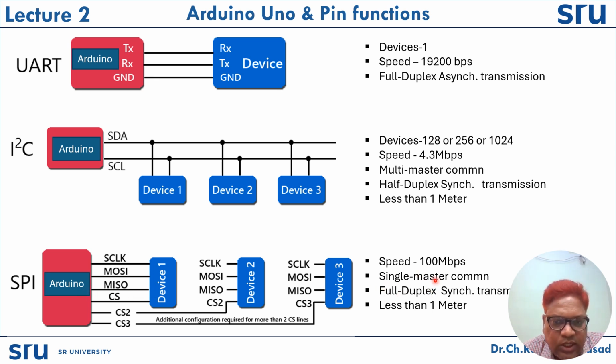That's why it is called full duplex, and a serial clock is available. That means it is a synchronous serial communication, and the distance range is less than 1 meter, half a meter only. And this is about the serial port available on the Arduino Uno.